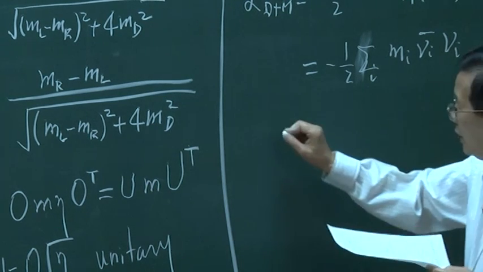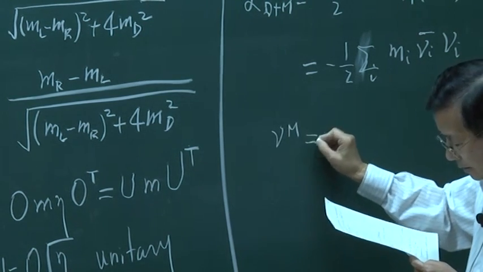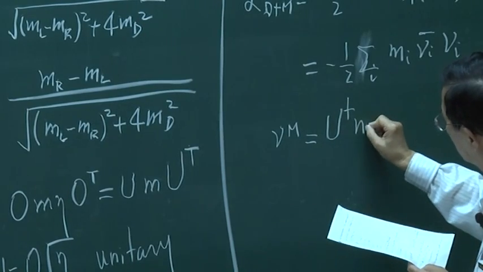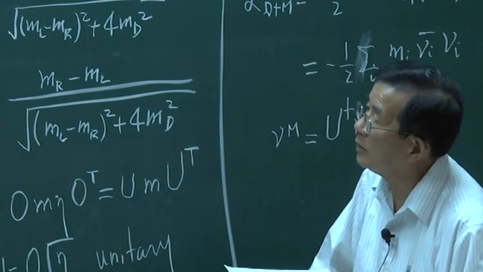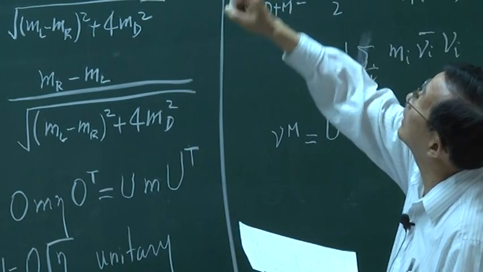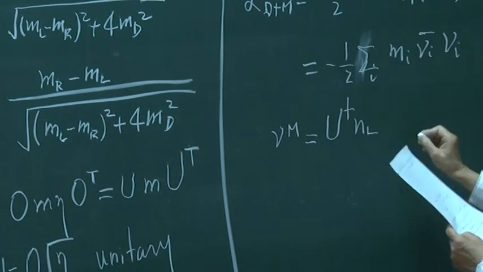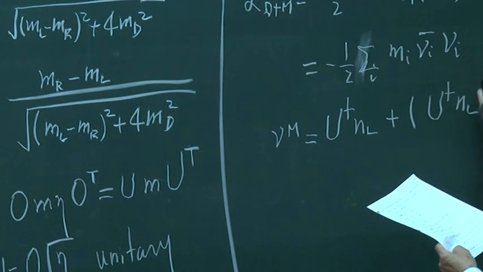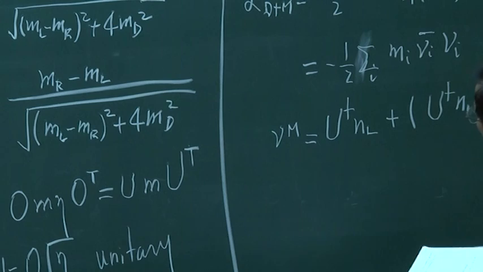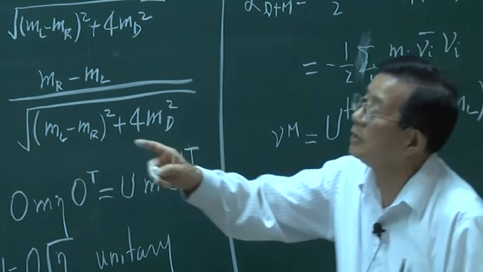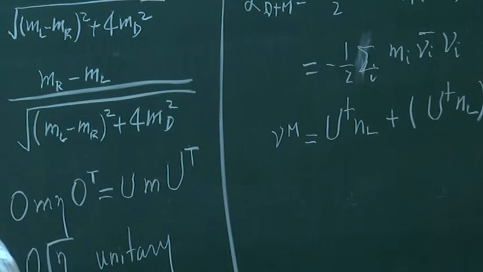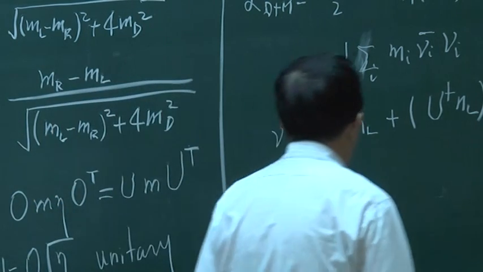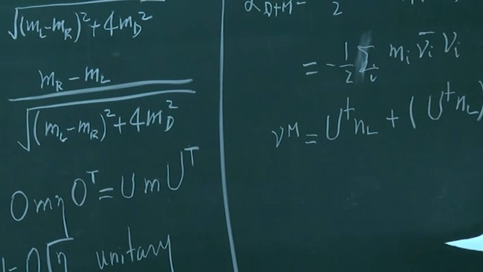And then I use nu M is equal to U diagonal n L, I already defined what the angle is there, right? And then plus U diagonal n L C. It's very much like what we did for the Majorana mass terms there, okay? And this is equal to nu 1 and nu 2.